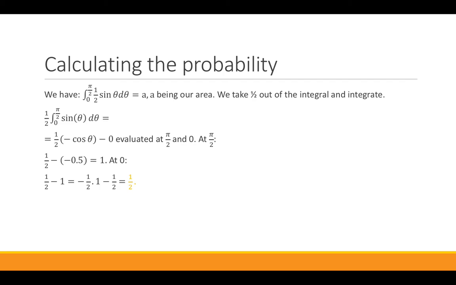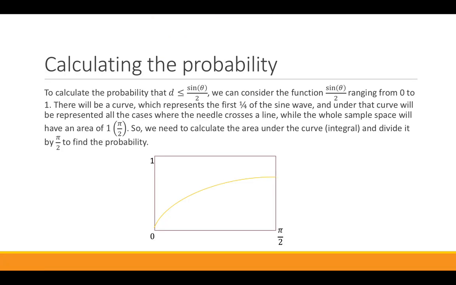At pi over 2 we have 1/2 times 0 minus, which equals 0. And at 0 we have 1/2 times minus 1, which equals minus 1/2. And then 0 minus minus 1/2 equals 1/2. So that's our final answer for the area under this curve.